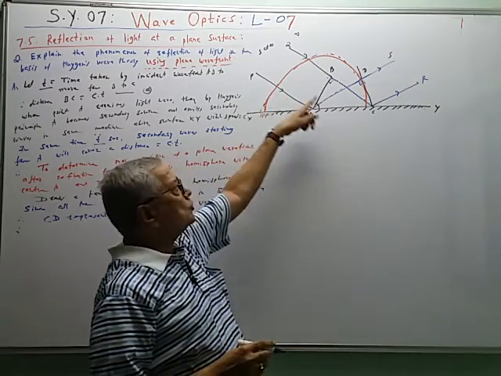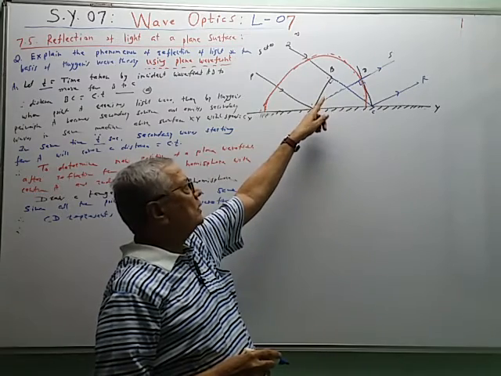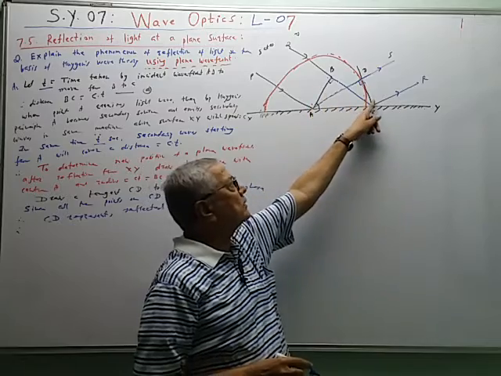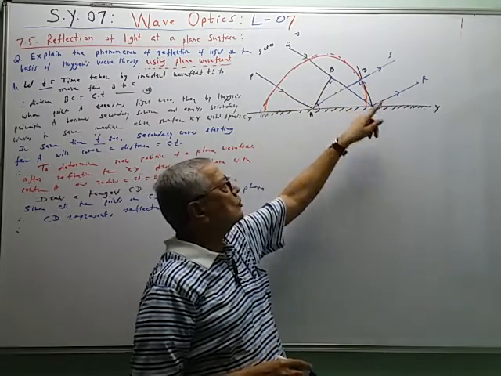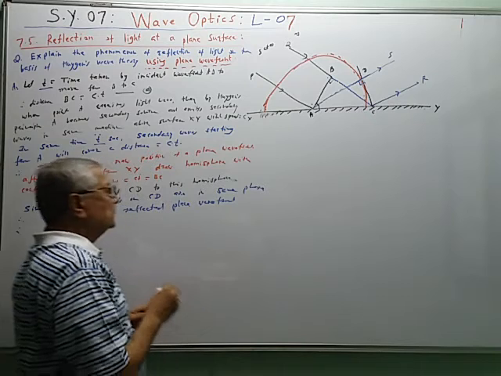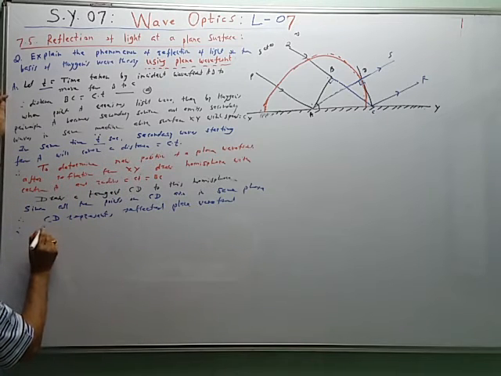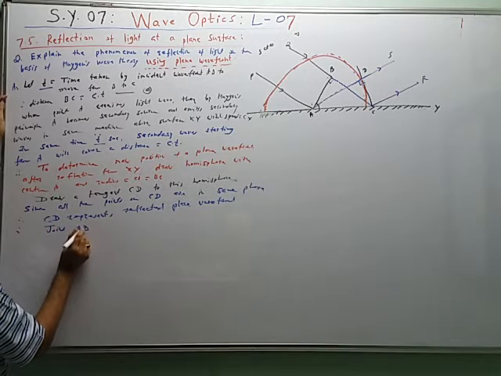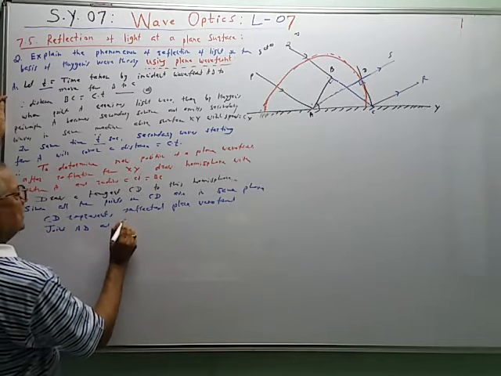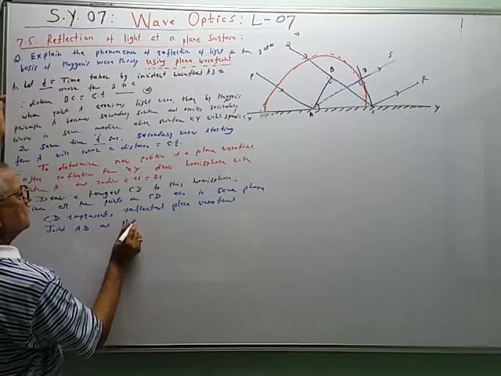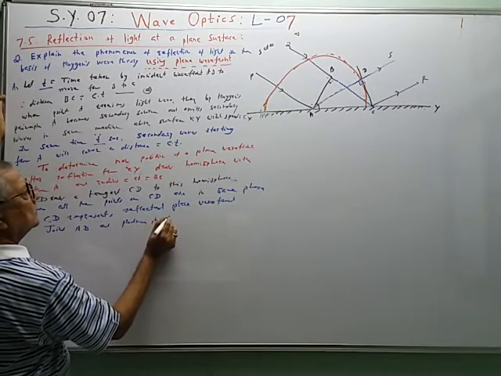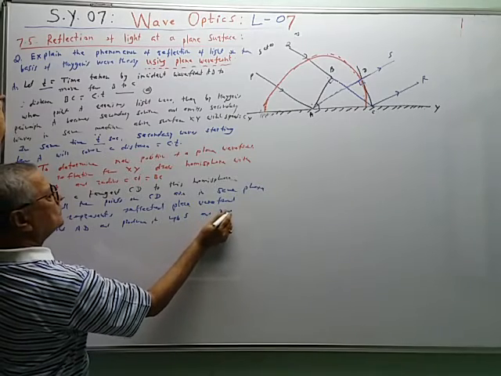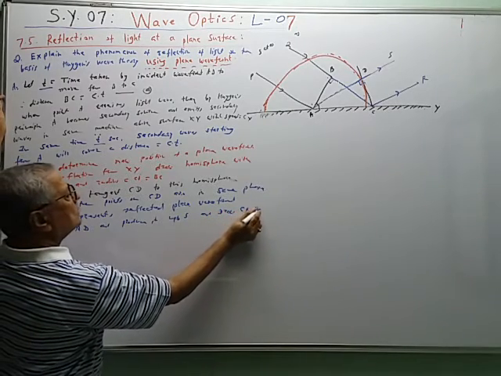So PA and QC are incident rays. Correspondingly, AS and CR are the reflected rays. Incident plane wavefront, reflected plane wavefront. These are two incident rays. These are two reflected rays. Like this. So join AD and produce it up to S and draw CR parallel to AS.